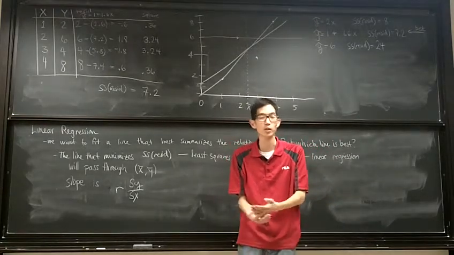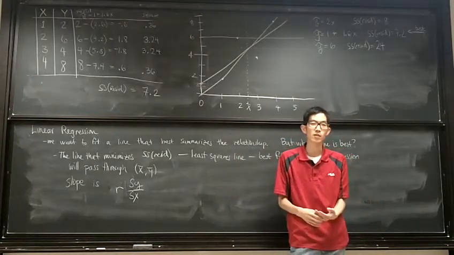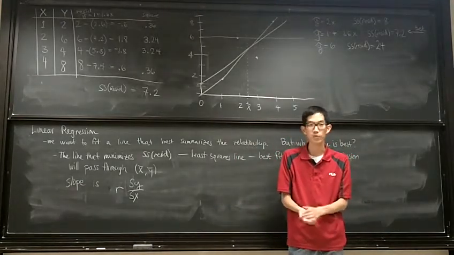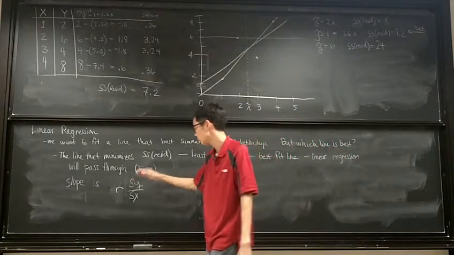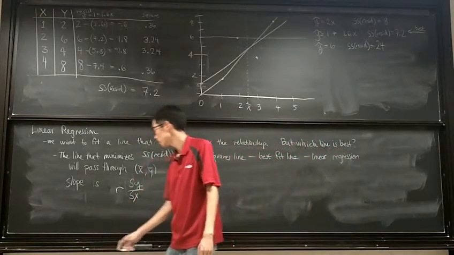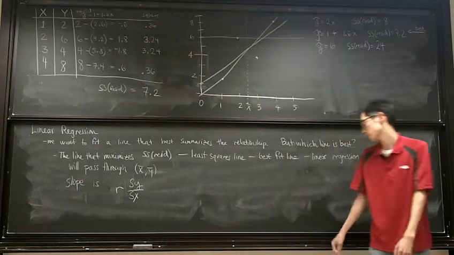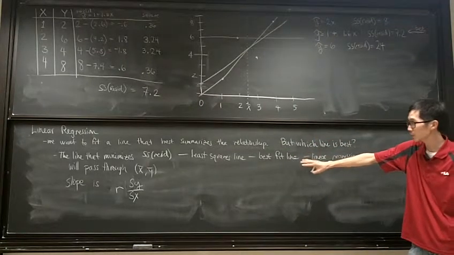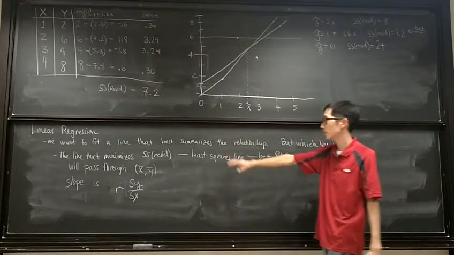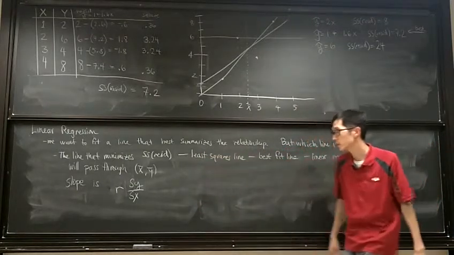We predict the father to be 1.6 standard deviations above average. And so the slope is r times the standard deviation of y over the standard deviation of x. Okay, so that's what the slope is of the least squares line.